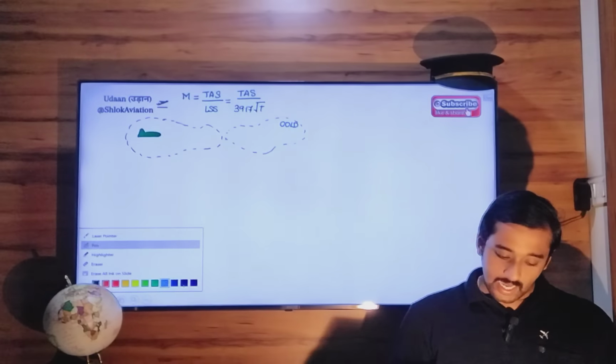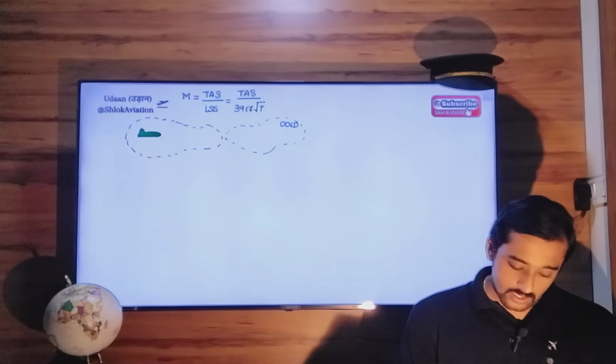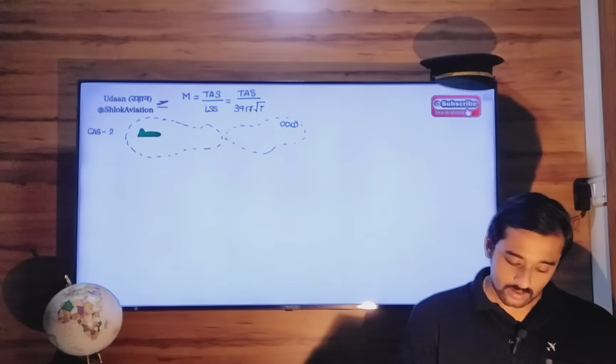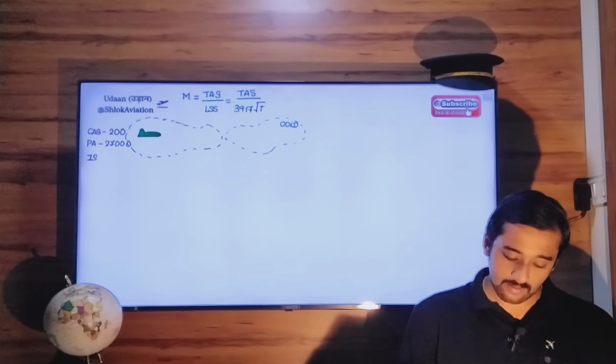Let's say the calibrated airspeed of this aircraft is 200. Pressure altitude is 27,000 feet. At 27,000 feet, what ought the ISA temperature to be?